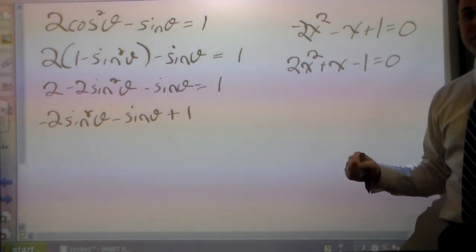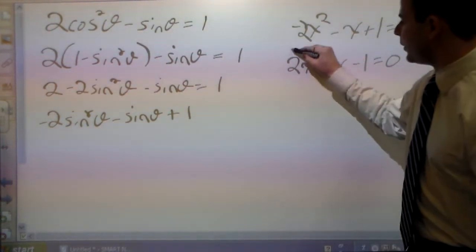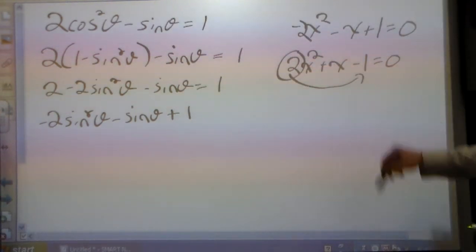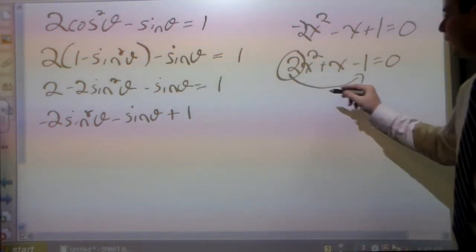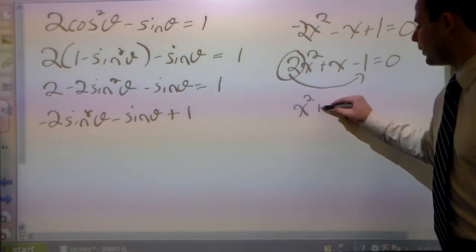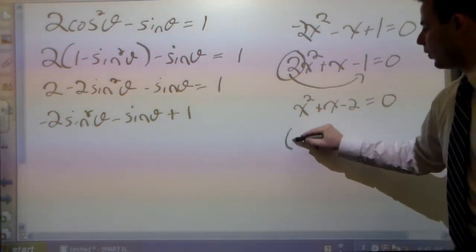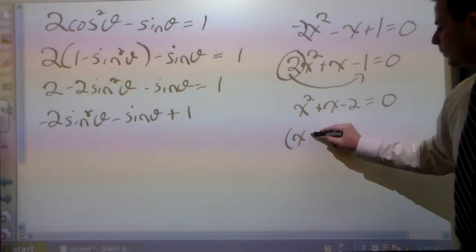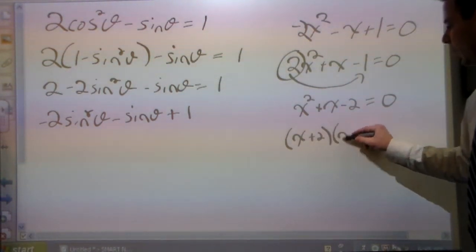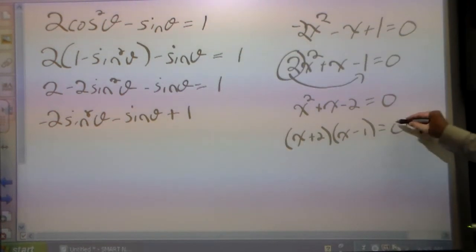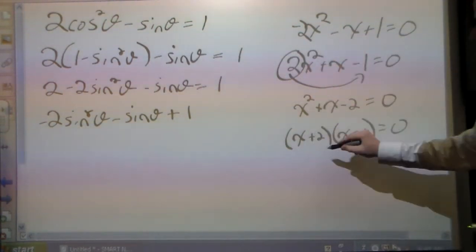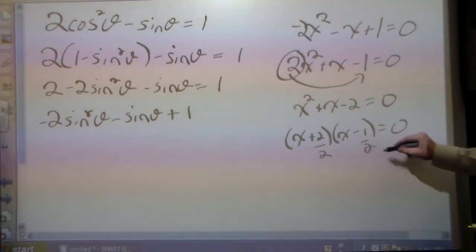There's a leading coefficient of 2, so let's use the bottoms-up method to factor. Multiply the leading coefficient into the last term, giving you x squared plus x minus 2 equals 0. Let's factor this normally: x plus 2 and x minus 1 equals 0. We borrowed the 2, now we're going to divide both numbers by it.